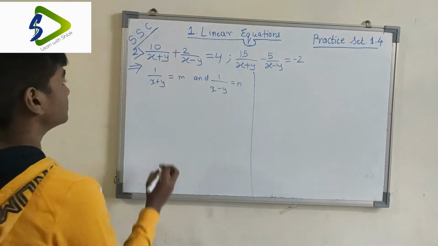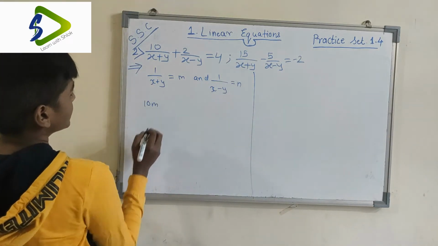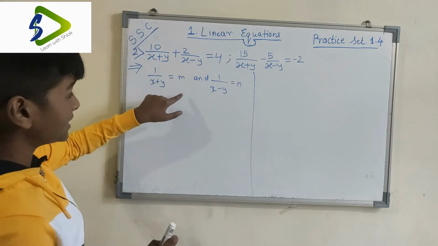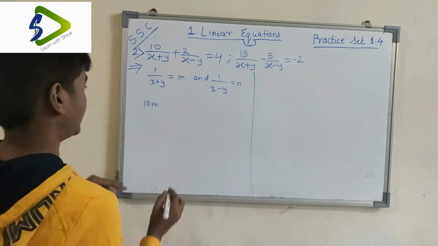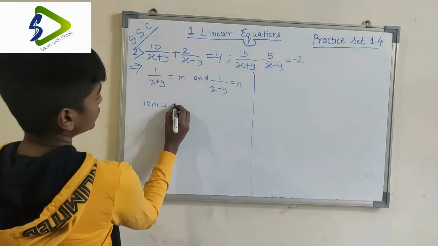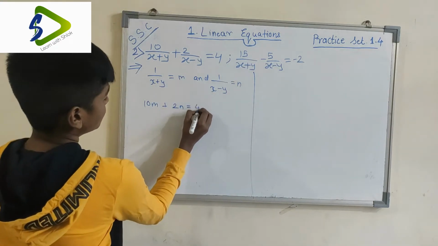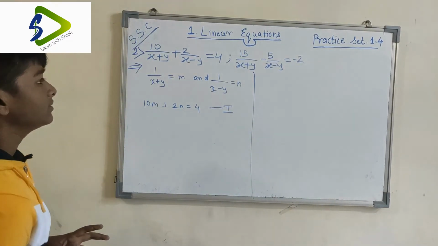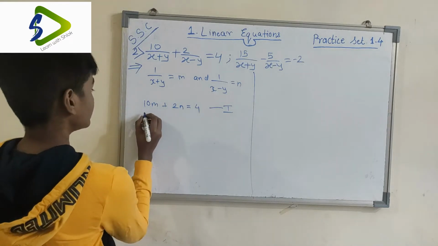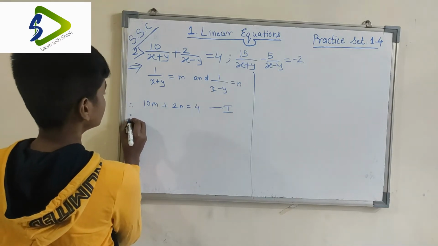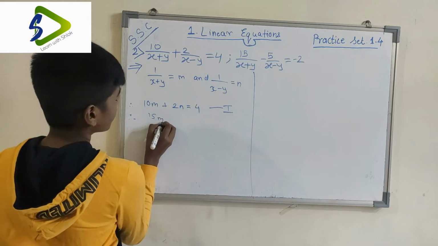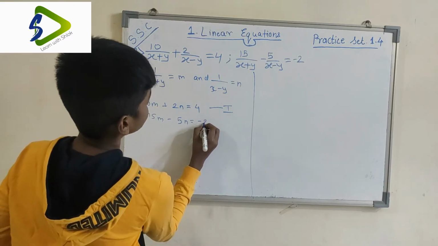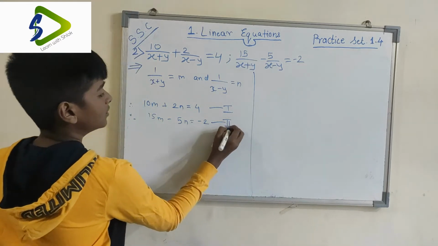Then our equation becomes 10m, because 1 by x plus y is m, so 10 by x plus y will be 10m, plus 2n is equal to 4, and that is equation number 1. Then my second equation is 15m minus 5n is equal to minus 2, and that is the second equation.